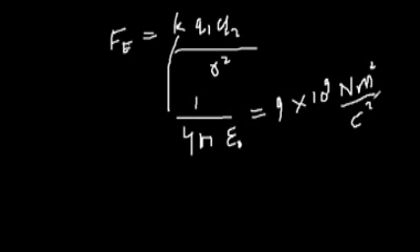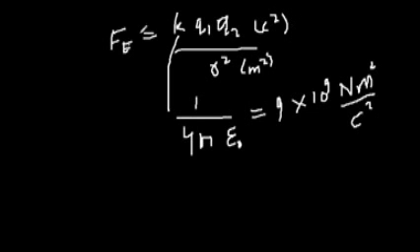And it is easy to find that Newton meter square per Coulomb square is the unit. How can you find it? You know, this R is in meter, and because it is R square here, it becomes meter square, and you have two charges here, and therefore it is Coulomb square.